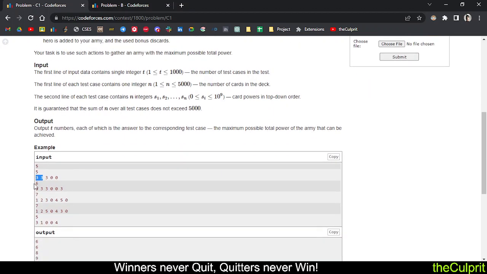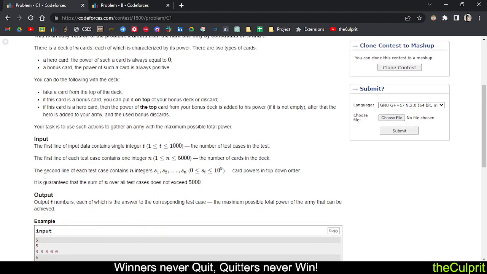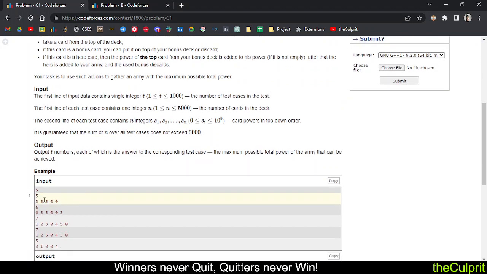I have 3 plus 3, 6 power. So I take these two cards and put them on top of my second deck which I'm forming, and then the third card I will discard.